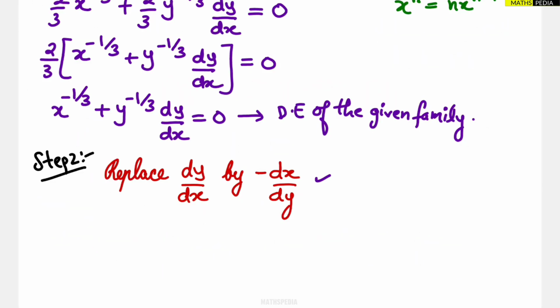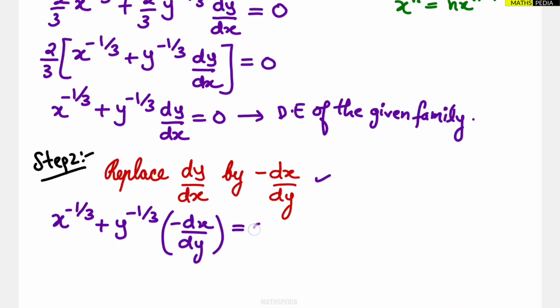The second step is to replace dy by dx with minus dx by dy. So the first step equation becomes x power minus 1 by 3 as it is, plus y power minus 1 by 3, with dy by dx replaced by minus dx by dy, equal to 0.